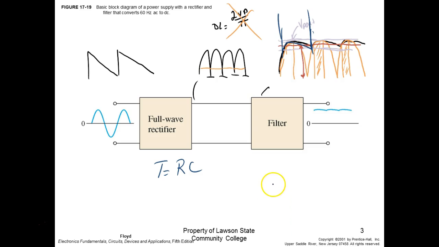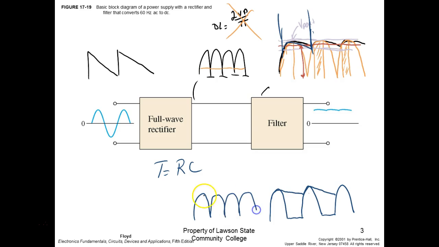If I do half wave and full wave, drawn at the same frequency, then my capacitor is going to have to run the load all that time right there. Everybody understand?